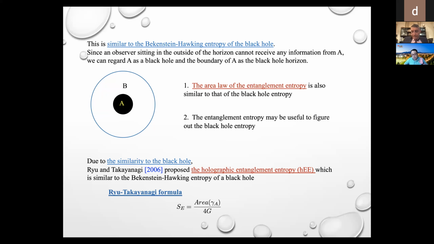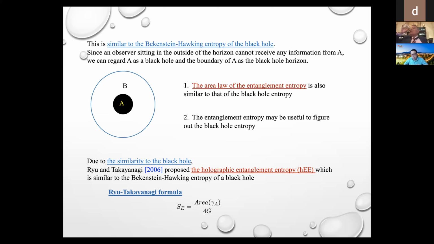Furthermore, the black hole entropy and entanglement entropy show a similar important feature. Usually thermodynamic entropy is an extensive quantity in a usual thermodynamic system, but the black hole entropy is not. In the black hole case, the Bekenstein-Hawking entropy is not extensive because it does not depend on the volume, but on the area.